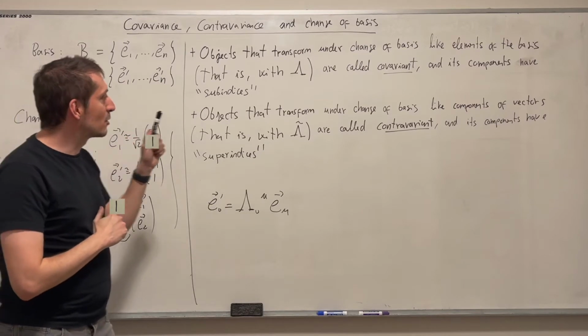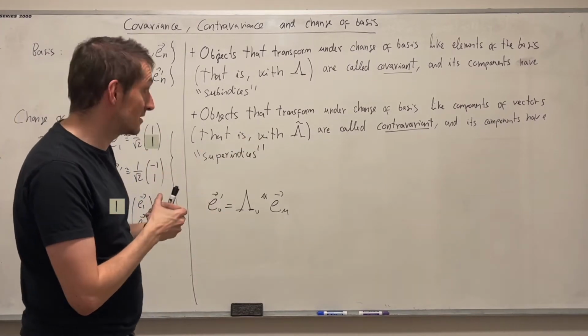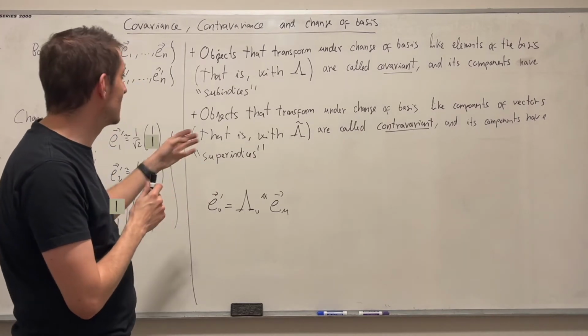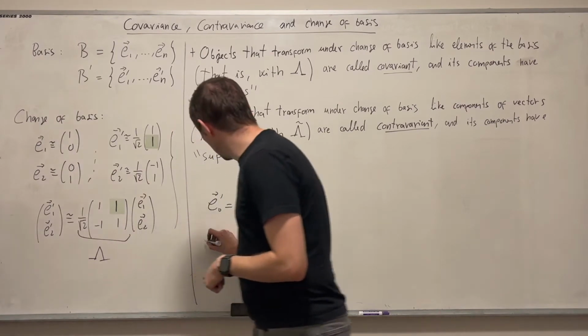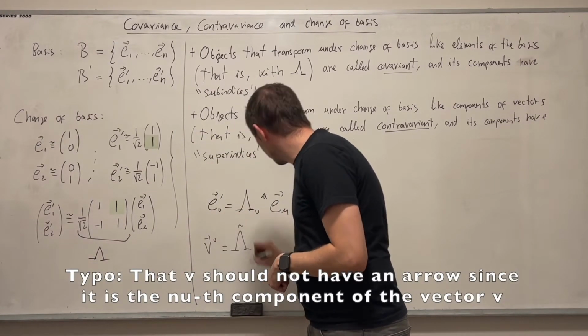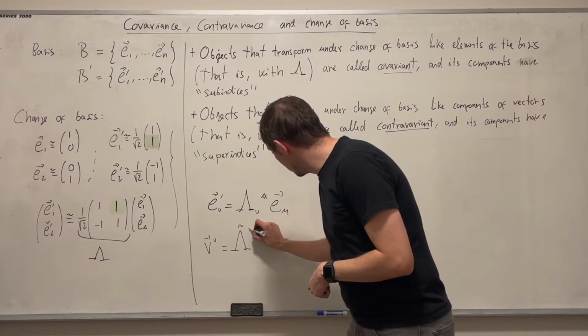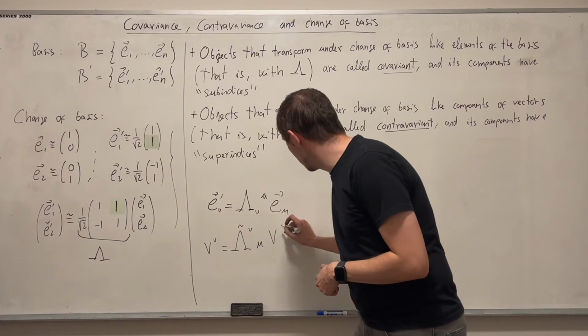Now, objects that transform under the change of basis, like the components of vectors, not like the elements of the basis, that is with lambda tilde. And remember that lambda tilde, let me write it here. So V nu would be lambda tilde nu mu V mu, without a vector, of course, sorry, my bad.